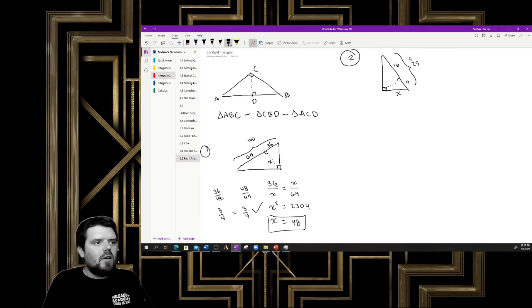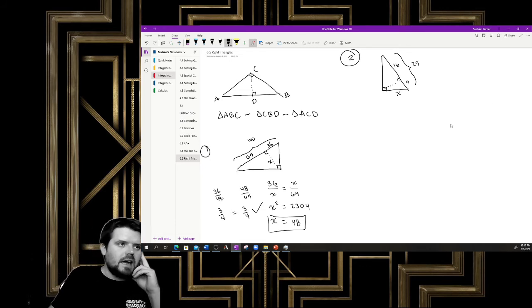Now here, on the larger triangle, I have 25 and a missing value. On the smaller triangle, I have 9 and a missing value. So those are the two triangles I'm going to use in this case. Again, making sure that my correct sides are lining up. So 25 is the hypotenuse. X is the short side of that large triangle. And then looking at the smaller triangle, x is the hypotenuse, and 9 is the smaller side.